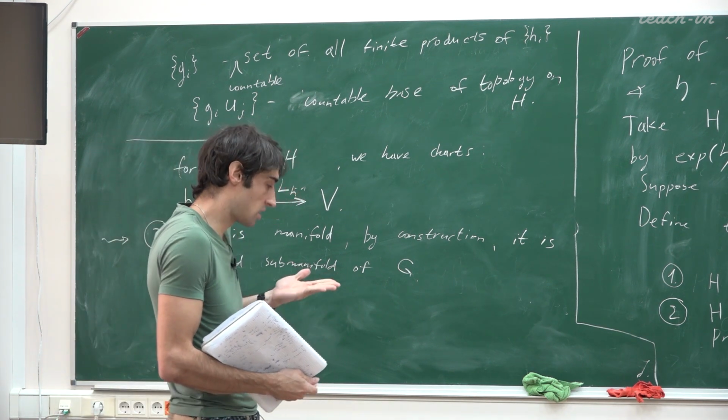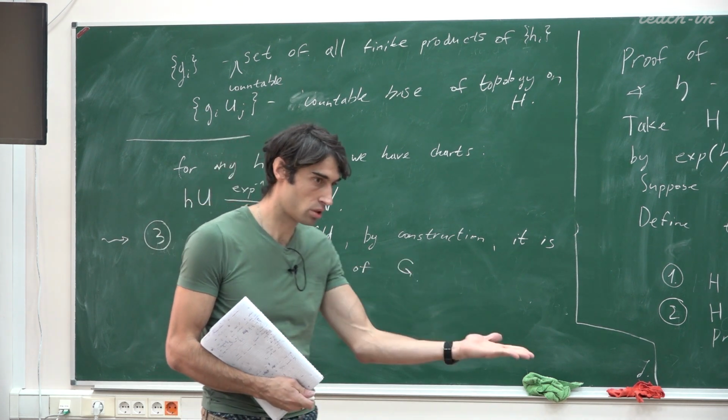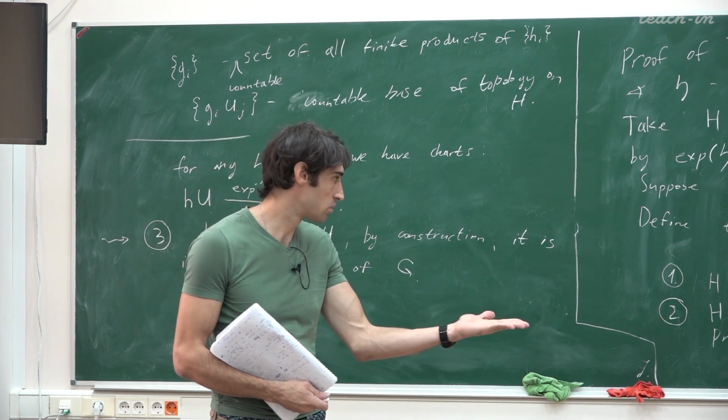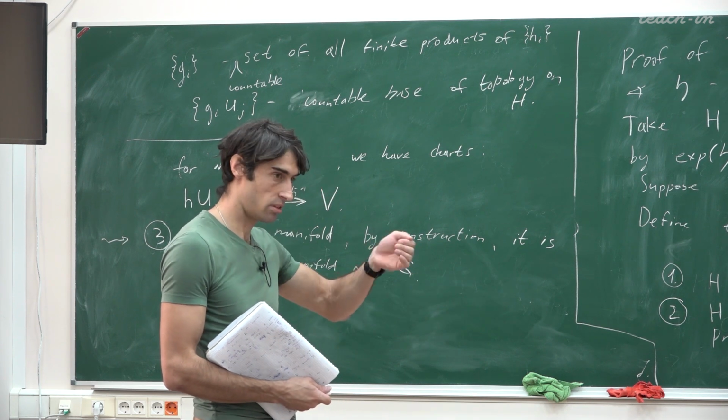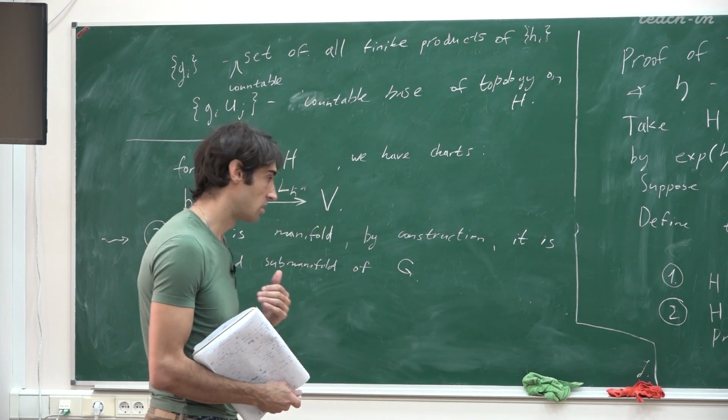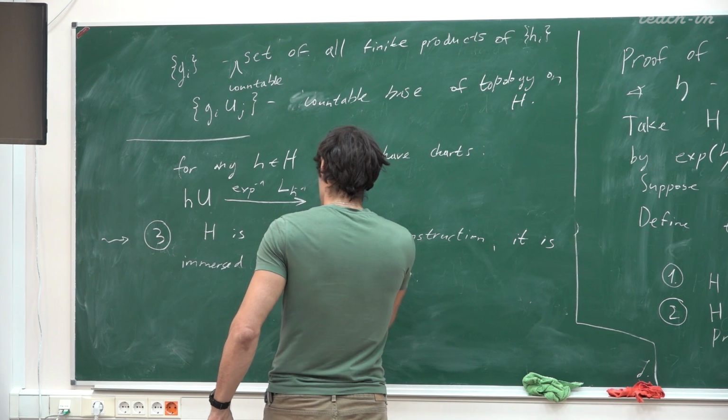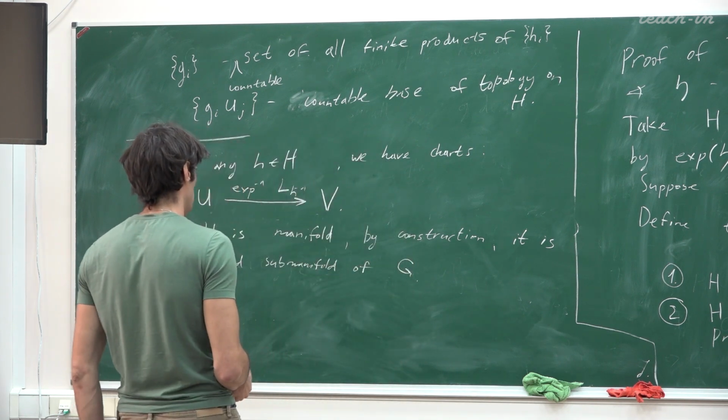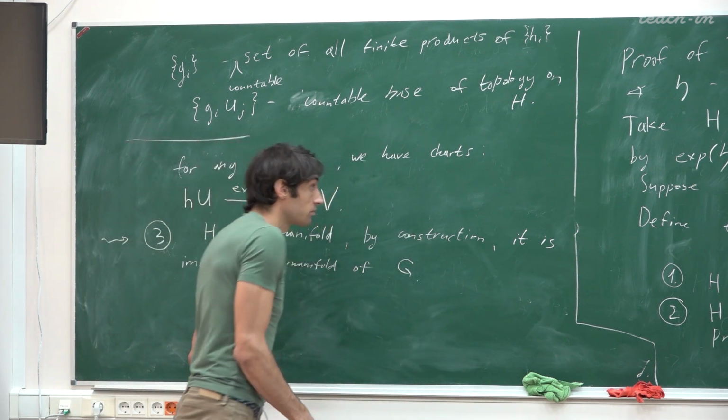Well, it's a manifold. You have the inclusion map, and the inclusion map is locally a diffeomorphism. So that's why it's an immersed submanifold. All right.